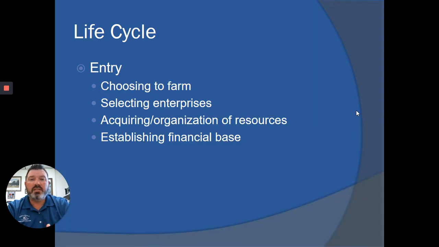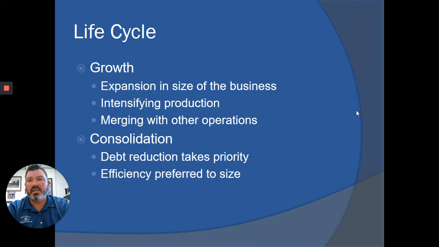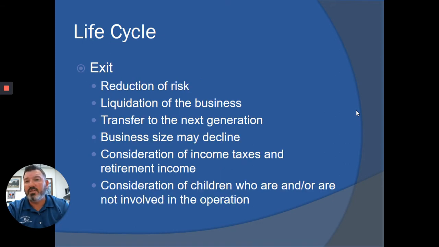Again, the entry phase: choosing the farm, selecting the enterprises, acquiring and organizing resources, and developing your financial base is what they identify as the entry phase. The growth phase: expansion, maybe more intensified production, maybe merging or buying out other operations. Consolidation: we start to see debt reduction become a priority, and efficiency preferred to size.